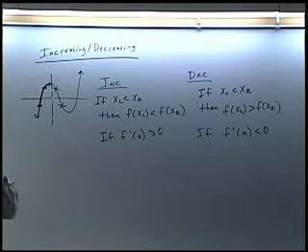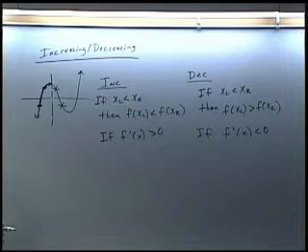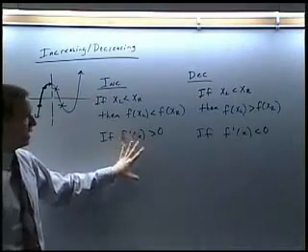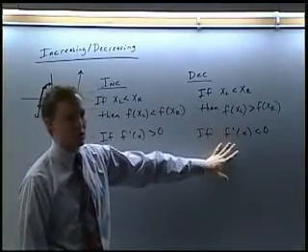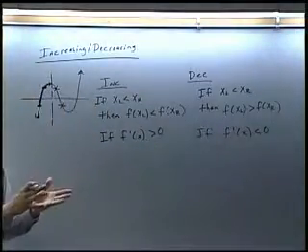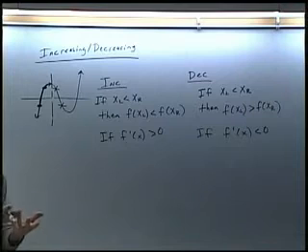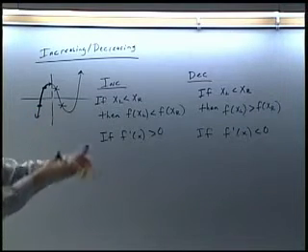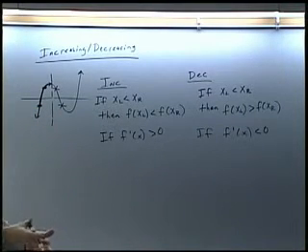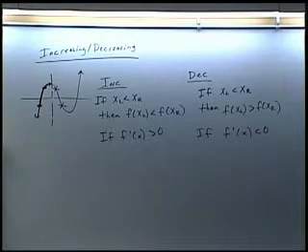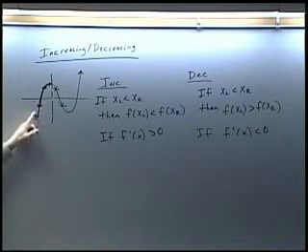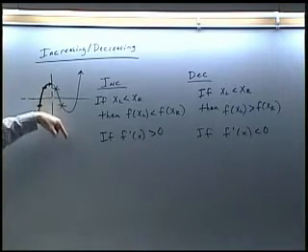Now, the big question that comes up though, how do we get on graphs, how do we change from a graph going increasing and then changes over to decreasing or vice versa? What type of things on a graph make it change from increasing to decreasing? One of them is pretty obvious on my drawing here. What's one way that I can change from being increasing to decreasing?